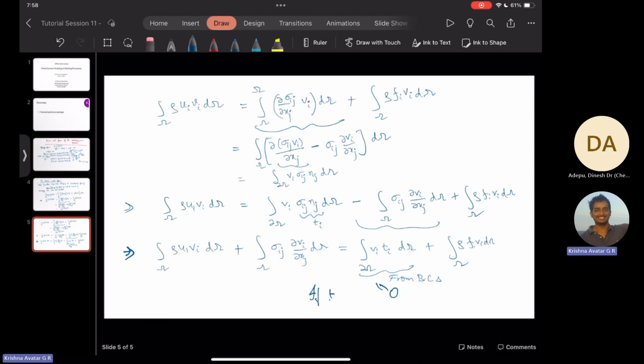If T vector is equal to 0, then this term is 0 naturally, right? And that's the reason we call these natural boundary conditions, because by the very process it becomes 0. The term containing natural boundary conditions becomes 0 by just doing the process itself. We don't have to define something.